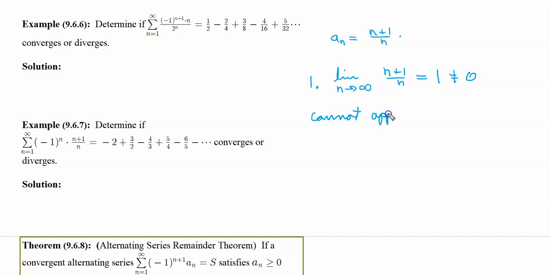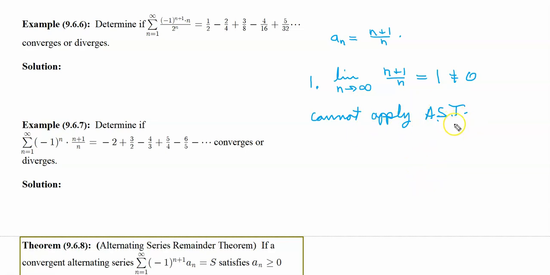apply the alternating series test. It doesn't tell us immediately that we have divergence, but it just means we can't apply it.